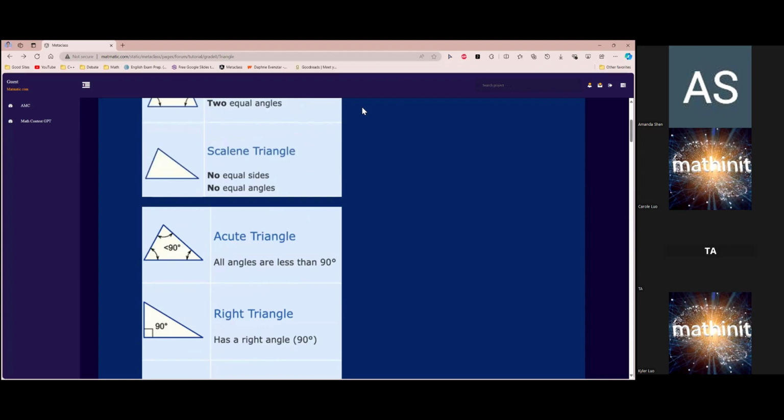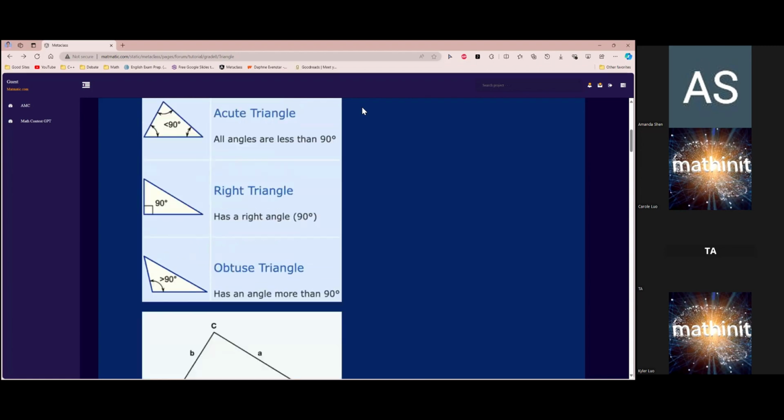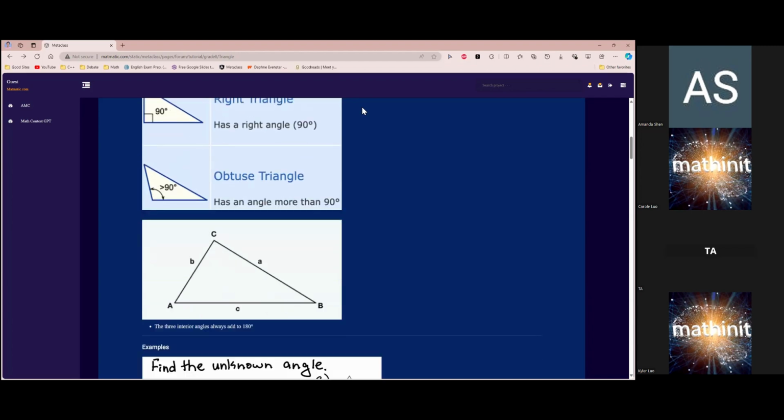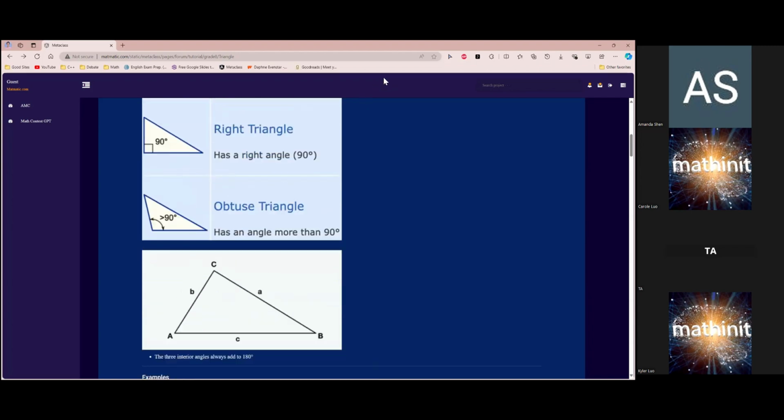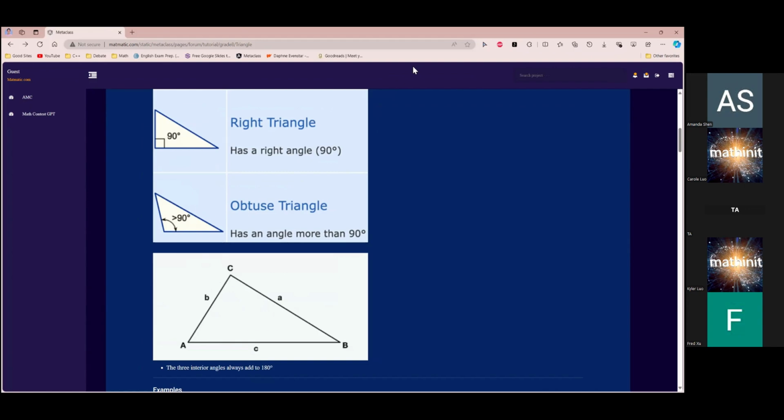A right angle triangle has exactly one right angle, and an obtuse triangle has an angle more than 90 degrees. An important rule to remember is that all the interior angles always add up to 180 degrees.